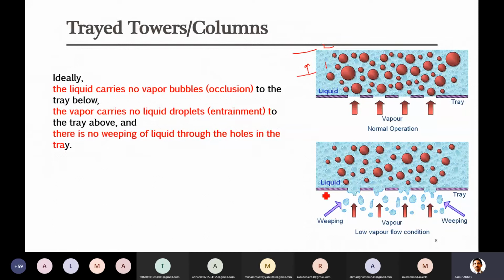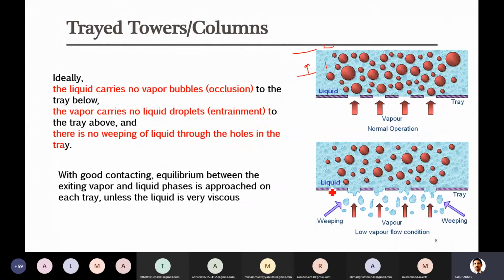If there are holes and liquid is there, it will just pass down, because there is no push or force from the bottom. This condition should be avoided, because liquid should come down through the downcomer, not through these paths, and this happens only in case of a low flow rate of the vapors.